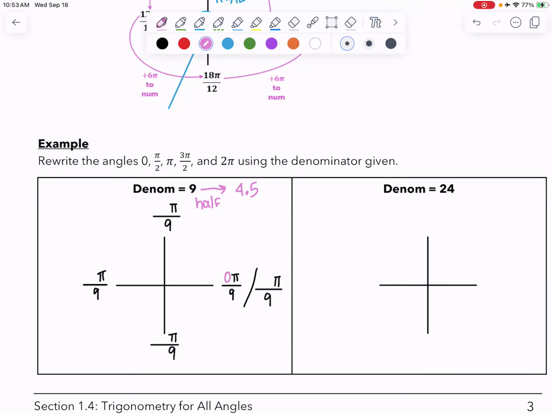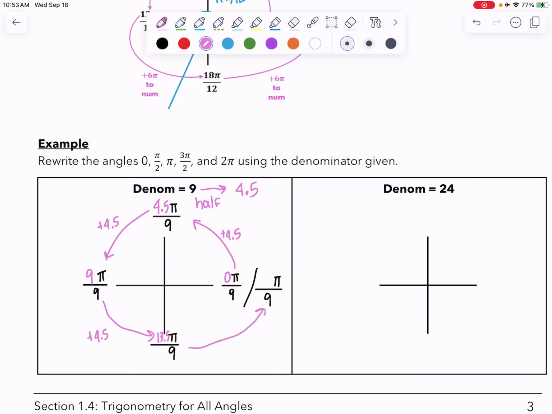We start with 0, 0 pi over 9, and then add 4.5 to the numerator. 0 plus 4.5 is 4.5 pi over 9. Add 4.5. 4.5 plus 4.5 is 9, so 9 pi over 9. Add 4.5 again, that's 13.5 pi over 9.